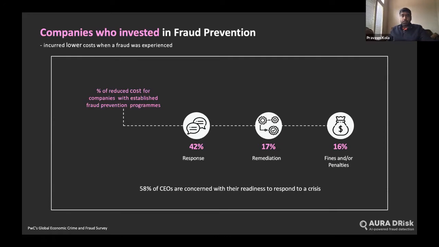And finally, not being bombarded with too many fines and penalties, there is a reduction of 16%. And 58% of CEOs of the bigger companies, coming from all kinds of industries, are saying that they are not ready for this crisis. Simply, the business is not ready for this.